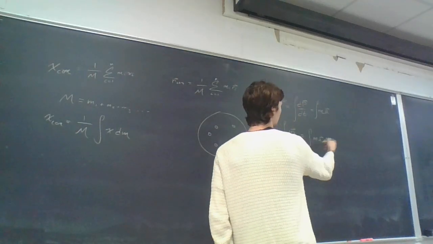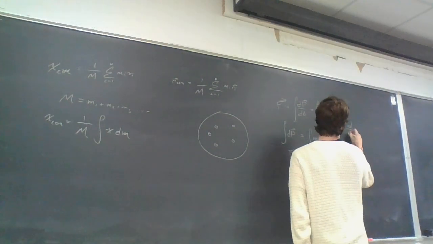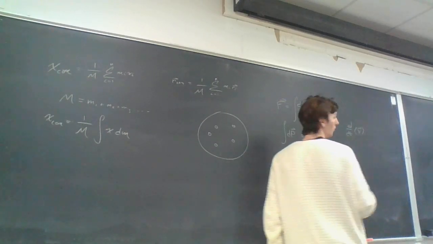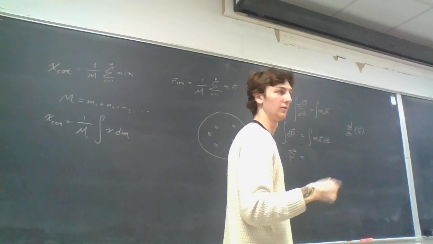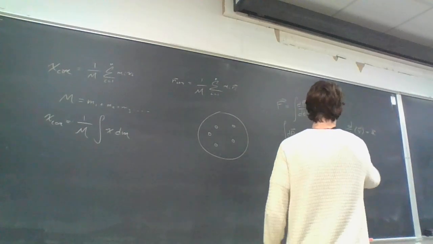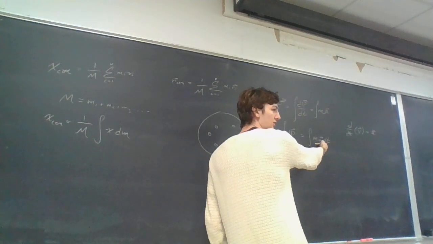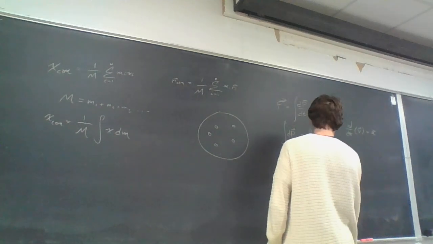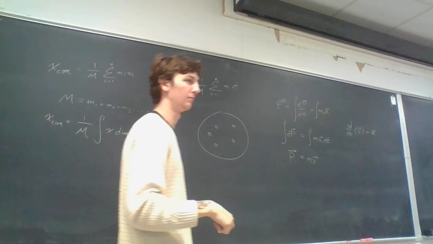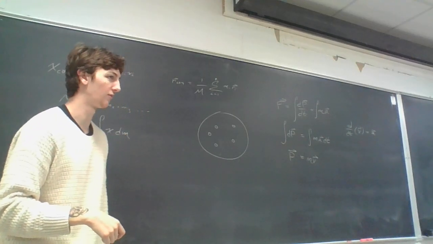And over here, if we take a derivative with respect to time of velocity, what are we going to get? Acceleration. And so going backwards, if we take an integral of acceleration, it would be velocity. This becomes mv. So there's our momentum definition derived.